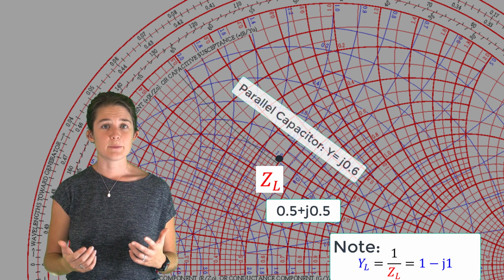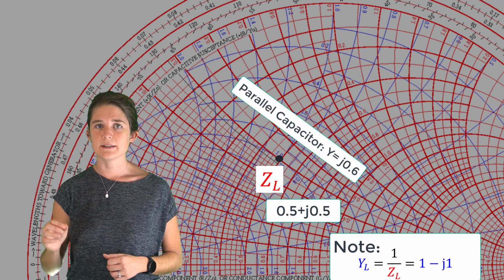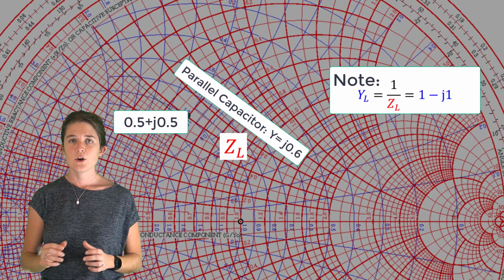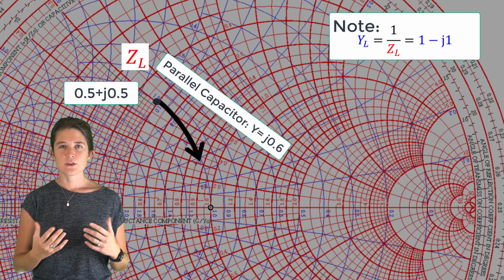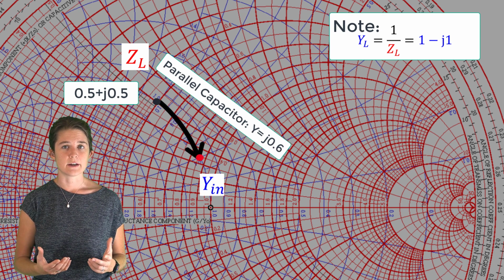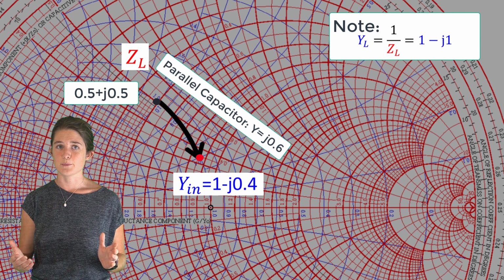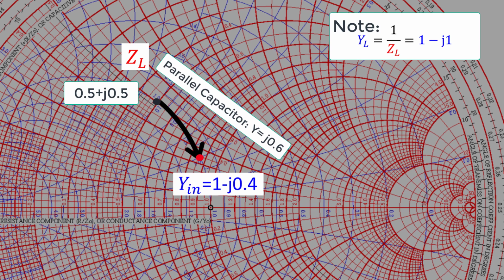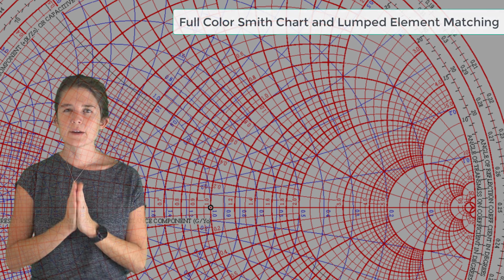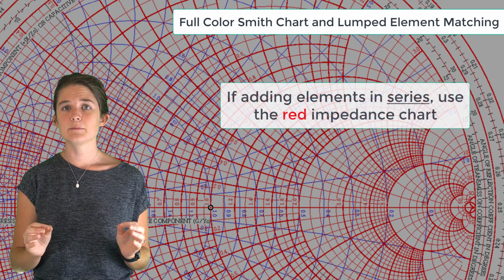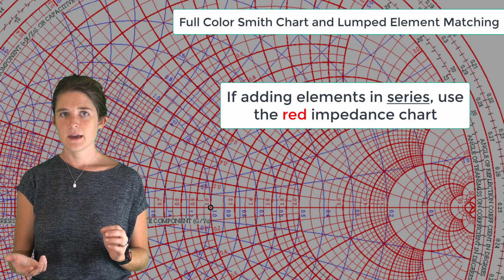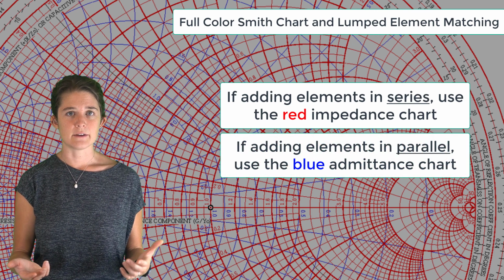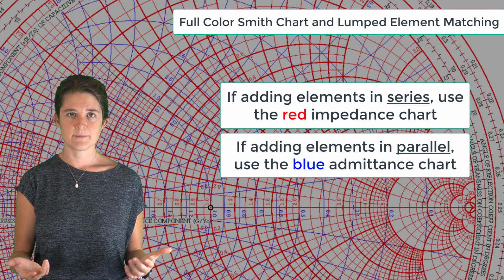Finally, if we add a parallel capacitor with a normalized admittance of j0.6, we will move clockwise along the constant conductance circle by j0.6. The normalized input admittance to this circuit becomes 1 minus j0.4. So the thing to remember is, if you are adding elements in series, use the red impedance chart. And if you're adding elements in parallel, use the blue admittance chart.